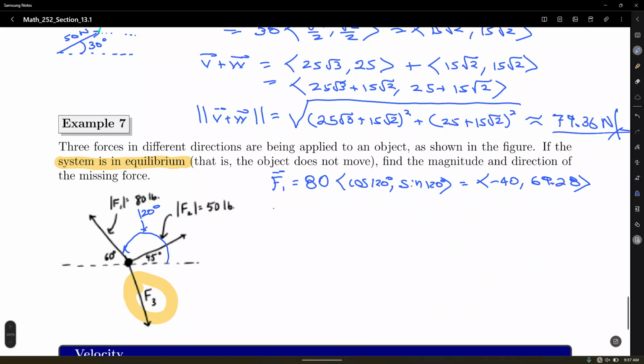Force number 2, F2, equals a 50 pound force. That's a cosine. This time it's the 45 degrees, because these 45 degrees are with respect to the positive x-axis. So in this case, unlike F1, we're going to go with the 45 degrees.